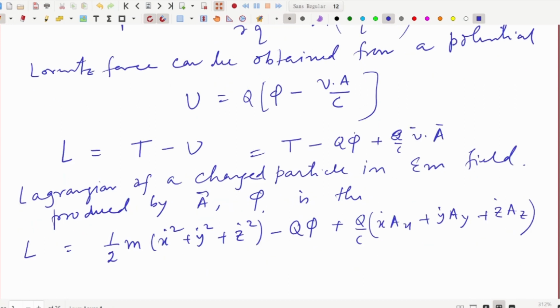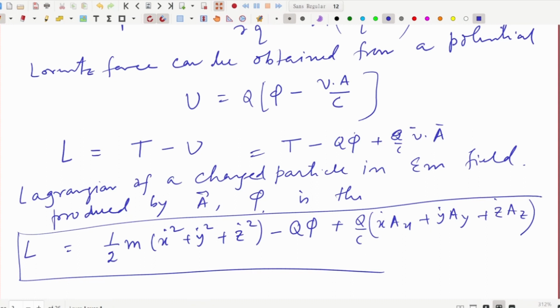So this is the Lagrangian for a charged particle in the electromagnetic field in terms of potentials.